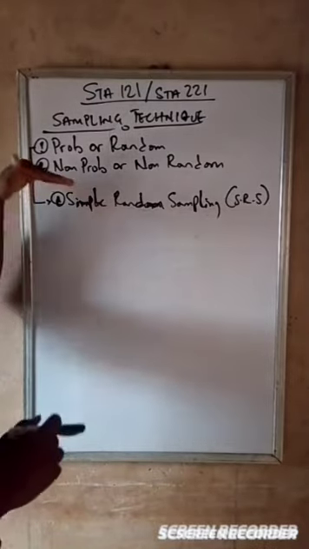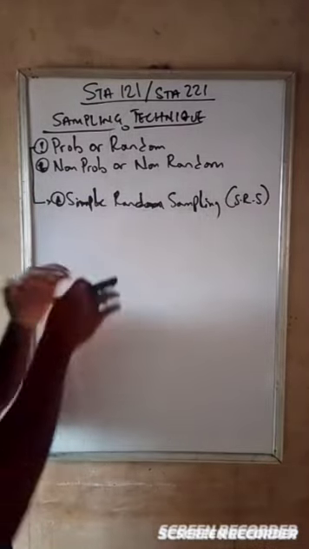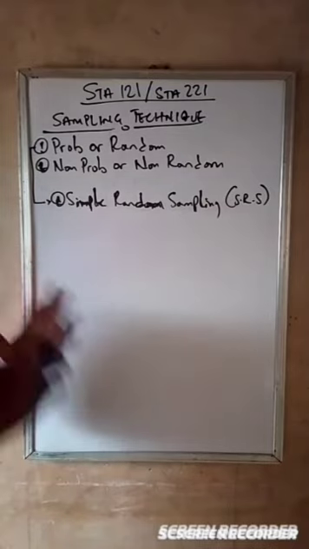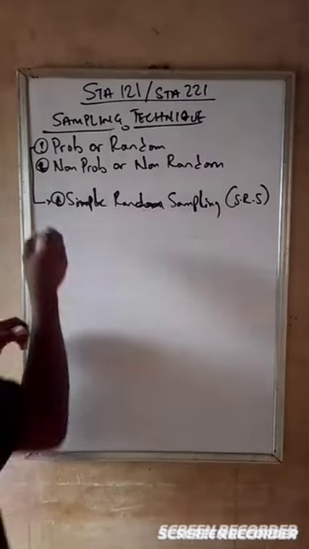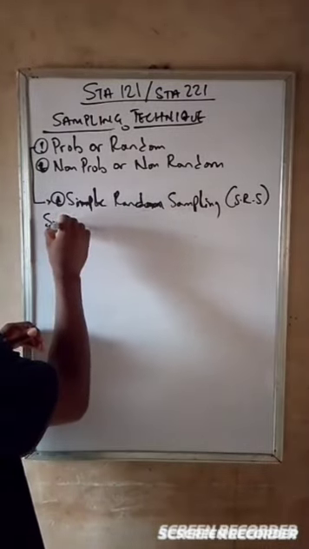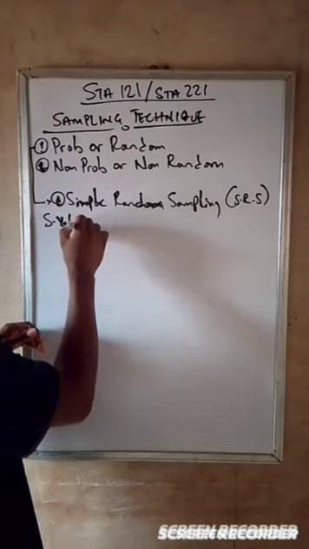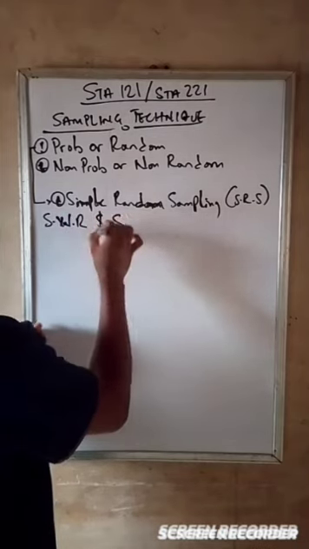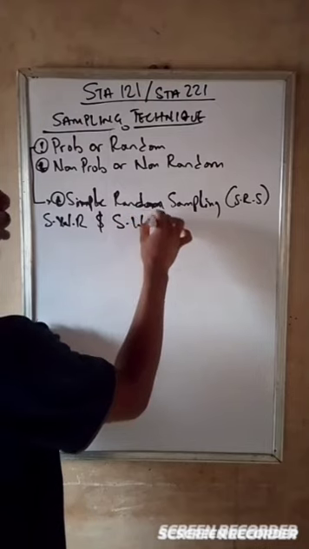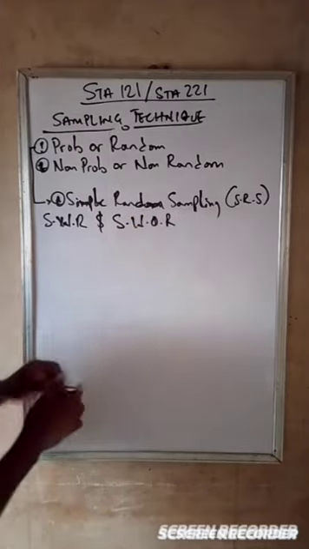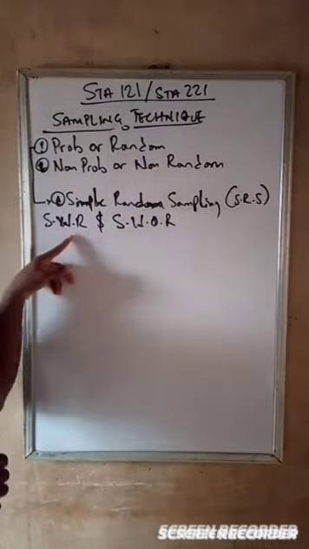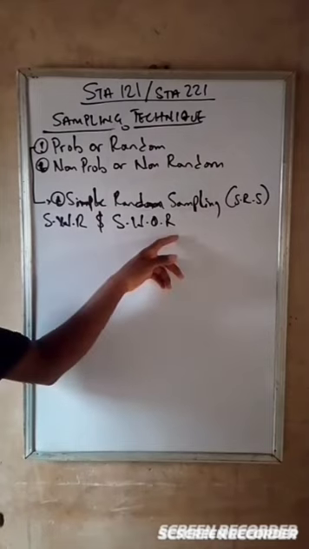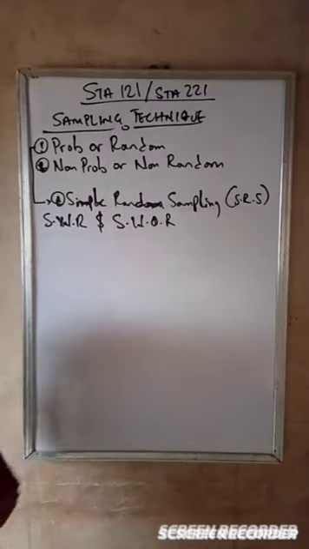That is the main feature of this SRS technique. They all have equal chance of being selected. So we have what we call the sampling with replacement, and we have what we call the sampling without replacement. So SRSWR is for sampling with replacement. SRSWOR is sampling without replacement.